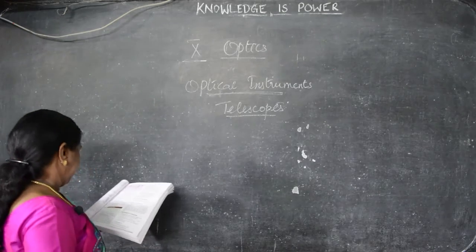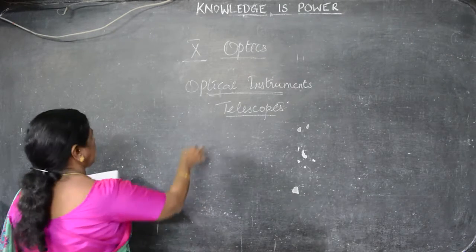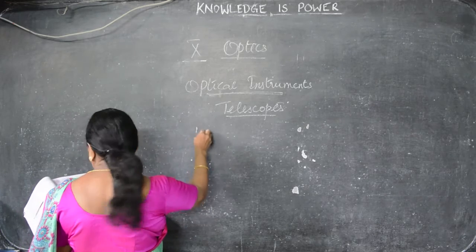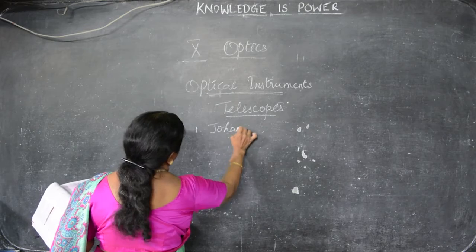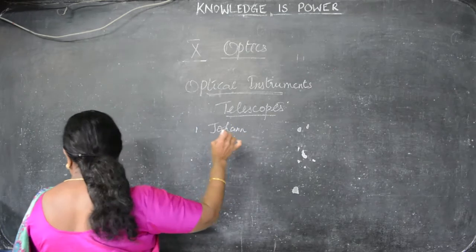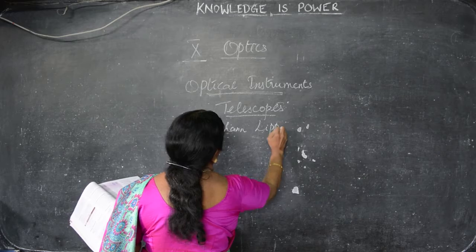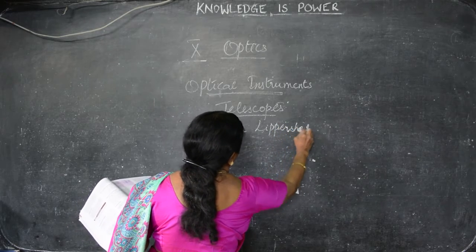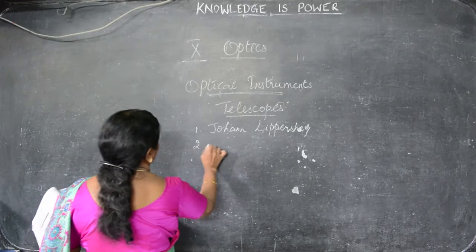Telescope is an optical instrument. Next one we have to see what? The first telescope was found by Johann Lippershey. Next, Galileo.